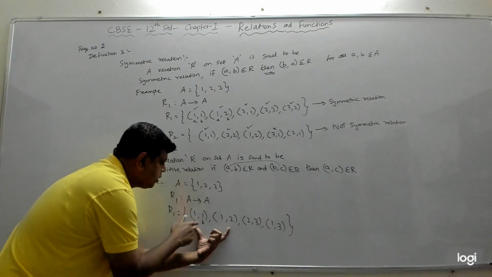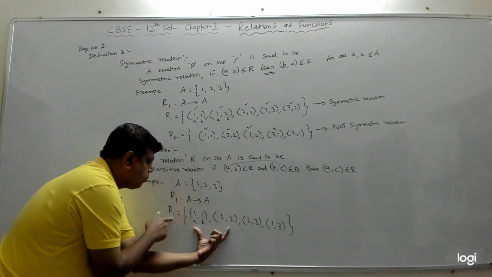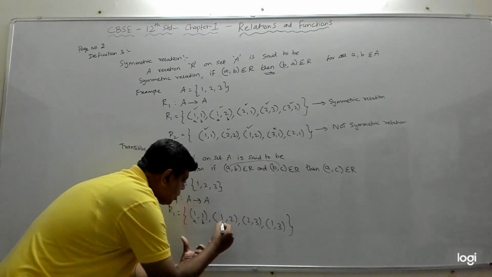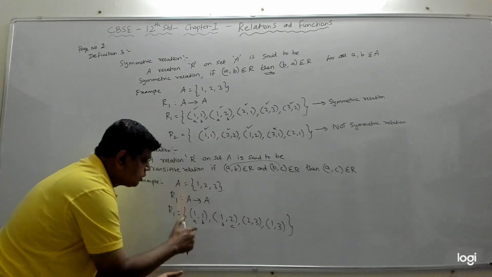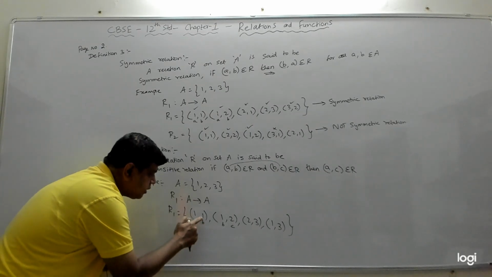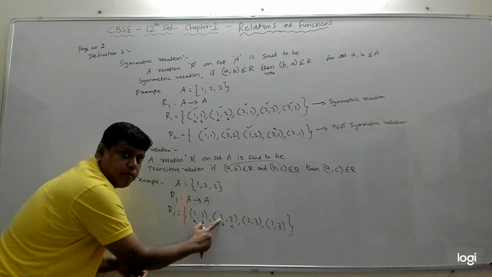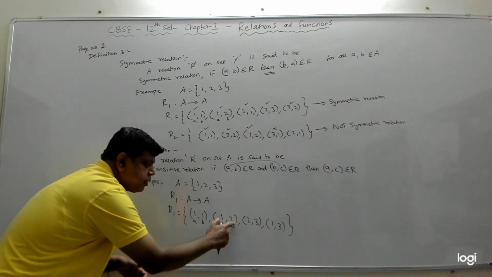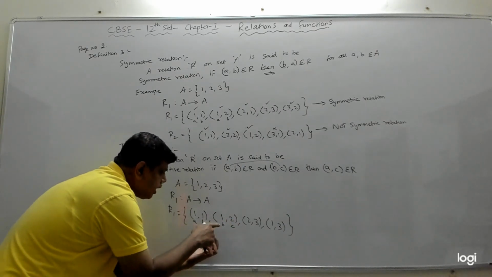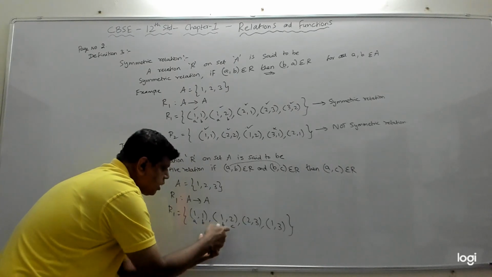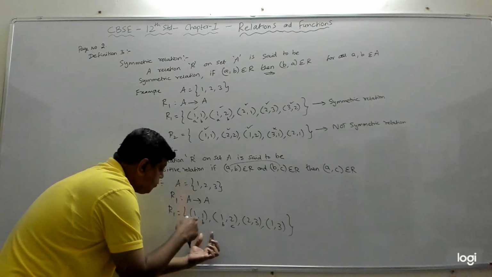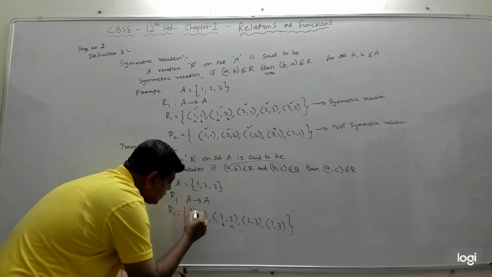Now A comma B belongs to R1, and B comma C, this is your B and this is your C. Which means A comma B is ending with 1, so the next element should have 1 as the first element. Then this can be anything, 2. Now this is like A comma B and B comma C. Both are in R, which means A comma C, what is A comma C?